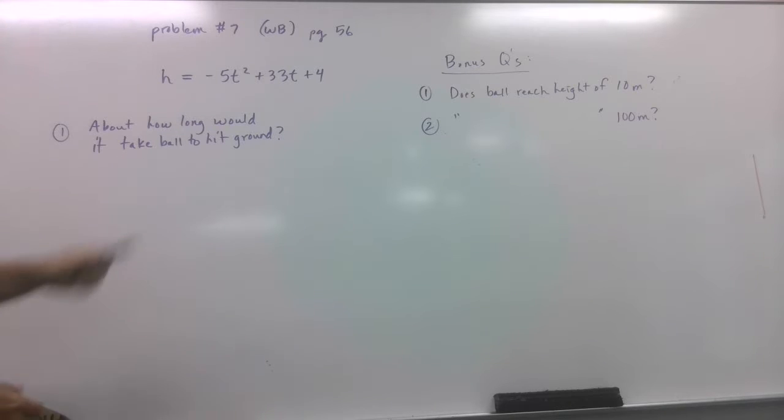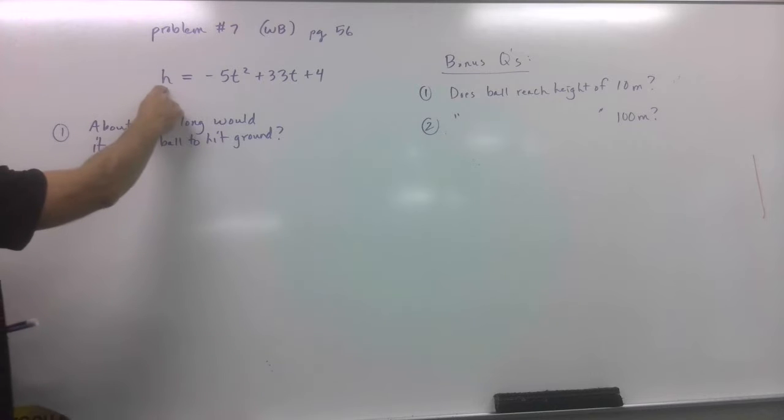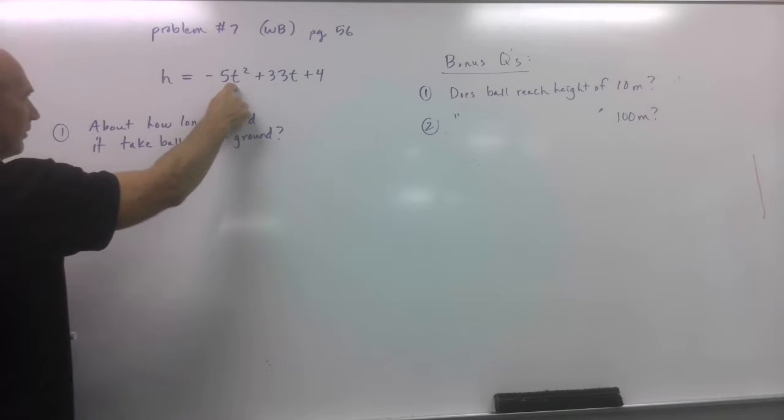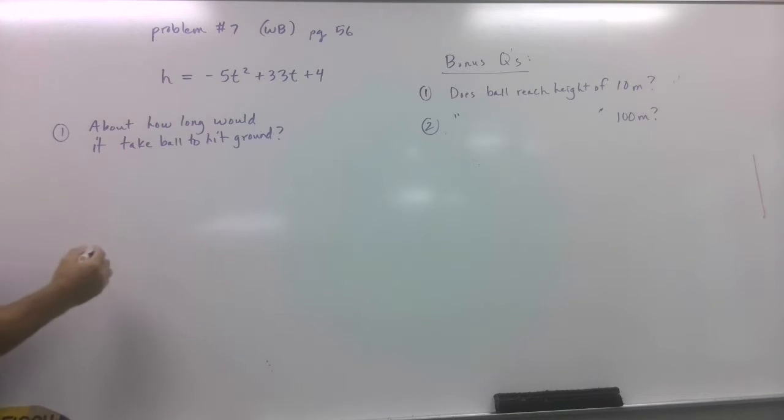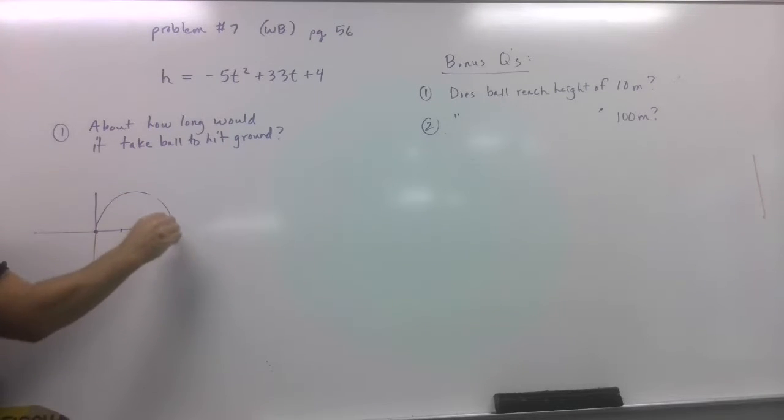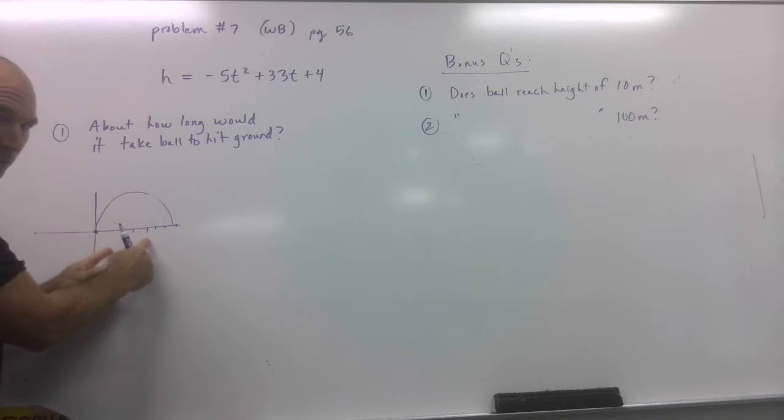If we took a look at this, remember, h is height, t is time. If we had a graph, it would be 0 seconds here, and this would be like 1, 2, 3, 4, 5, 6. We're going to throw it up, and it's going to come down. Now, don't think that I drew the picture accurately.